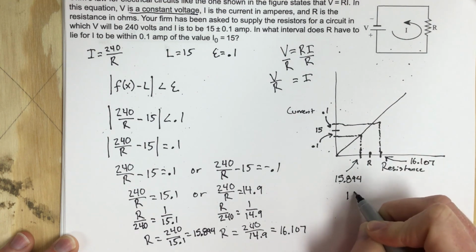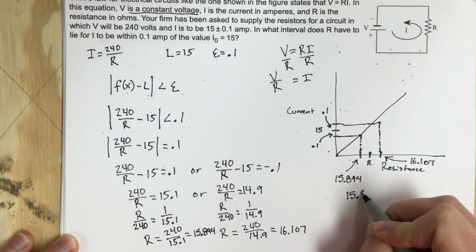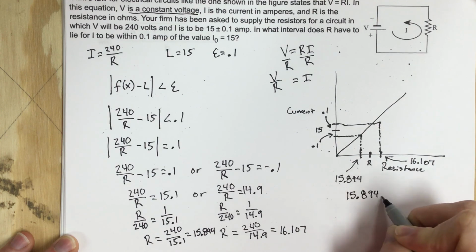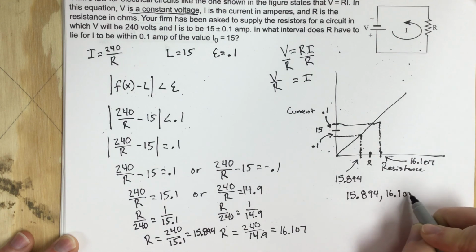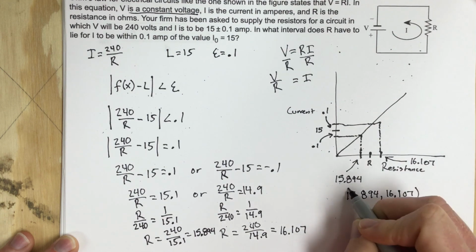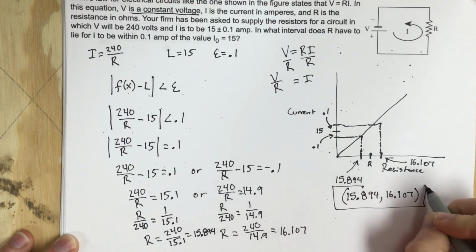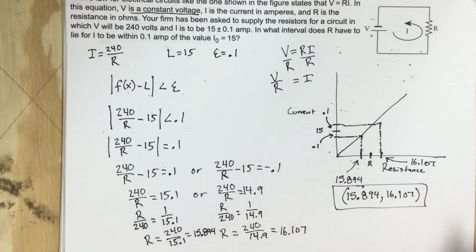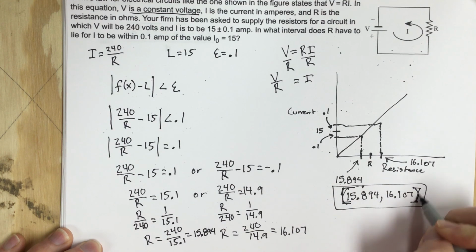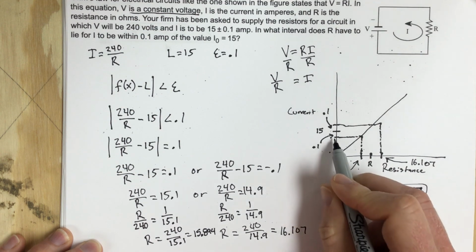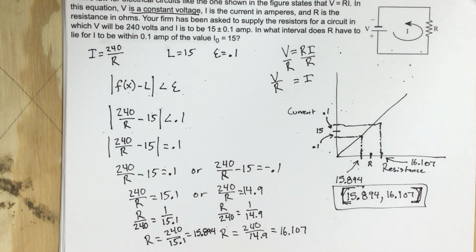So we have an interval from 15.894 to 16.107. And that's the solution for the resistance values. And I should use brackets here on these because those will give you the exact values of 14.9 and 15.1.